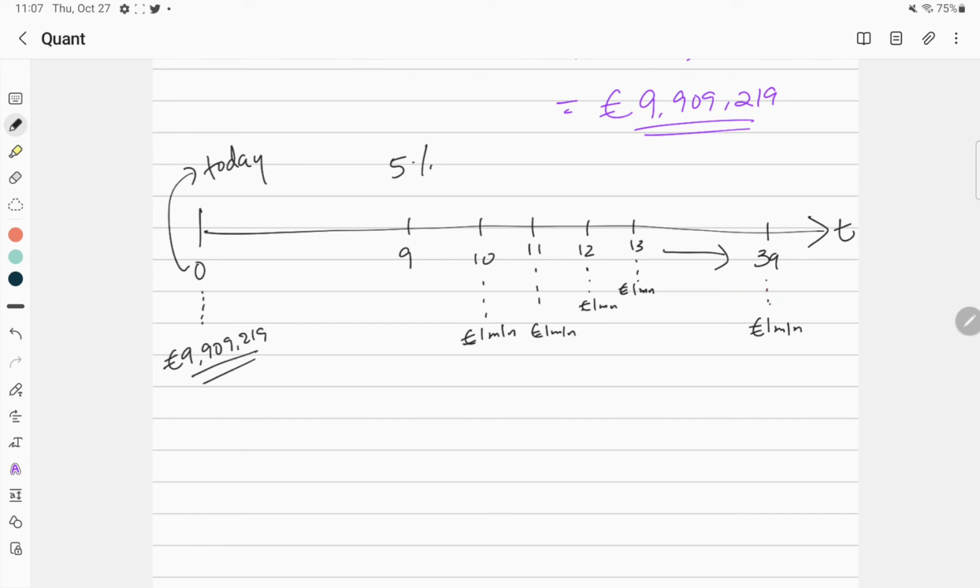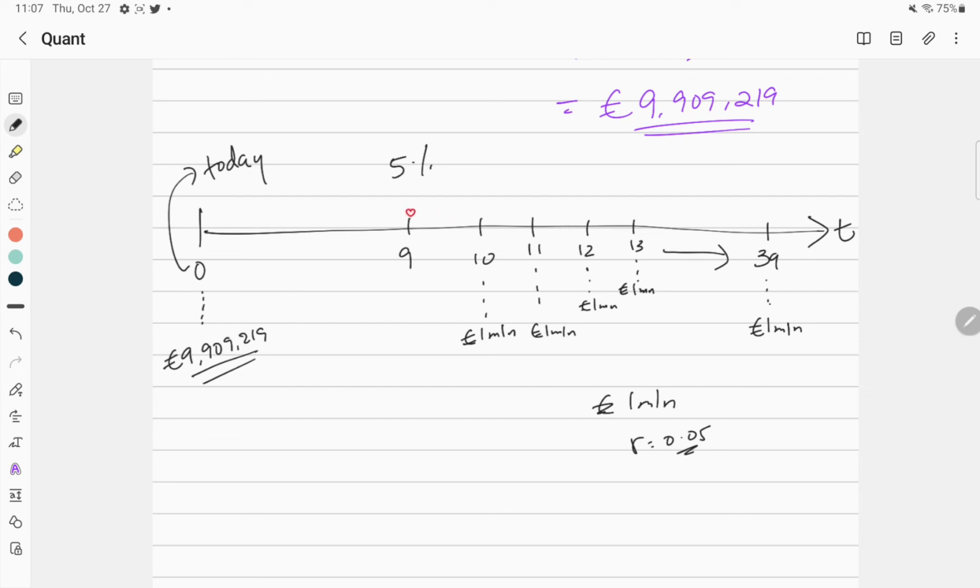But initially, we only knew of this 1 million payment every year that's to be made after the 10th year, up to the 39th year. We knew the rate, which was 5%, and we knew that this problem was an ordinary annuity problem.